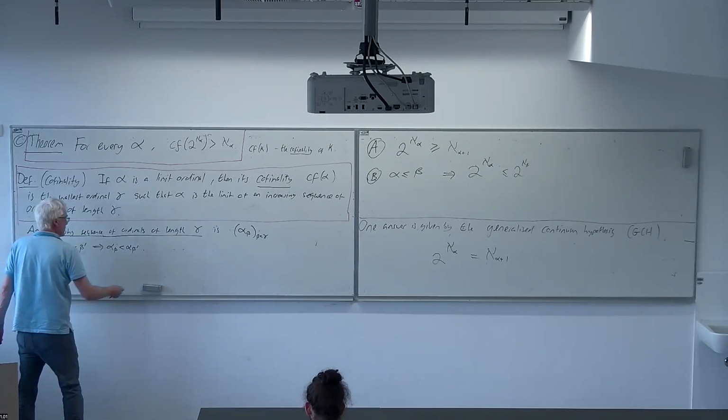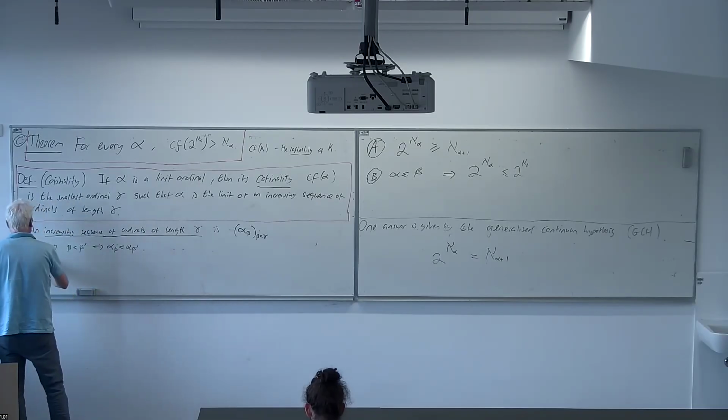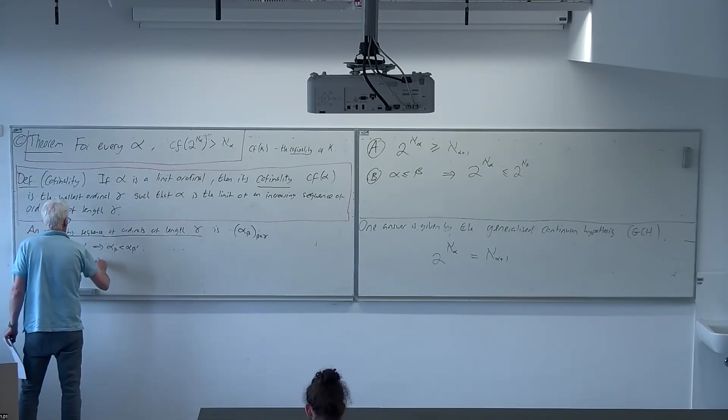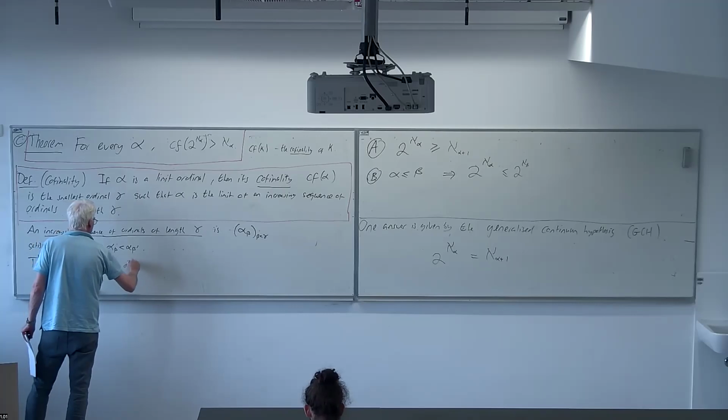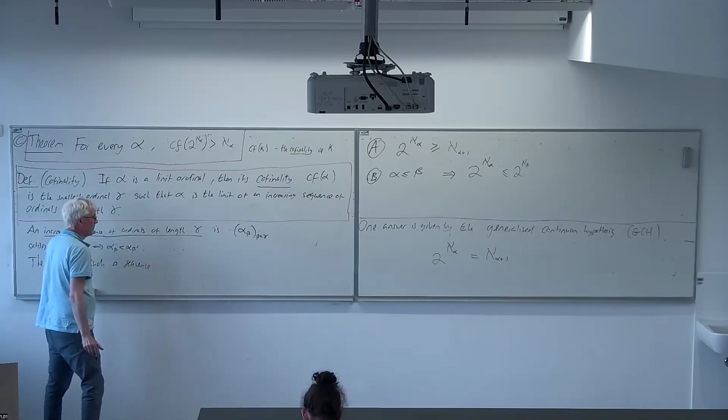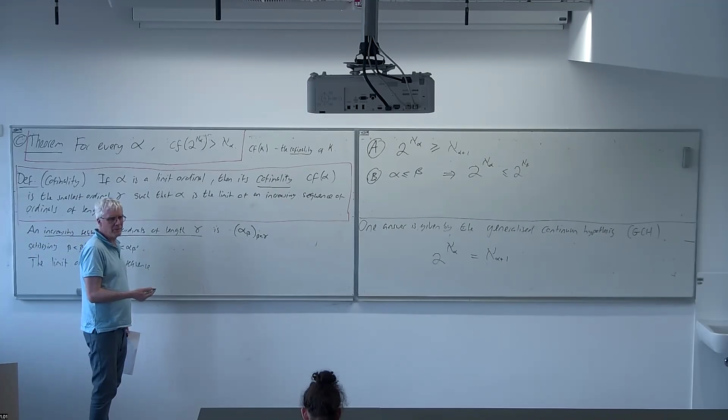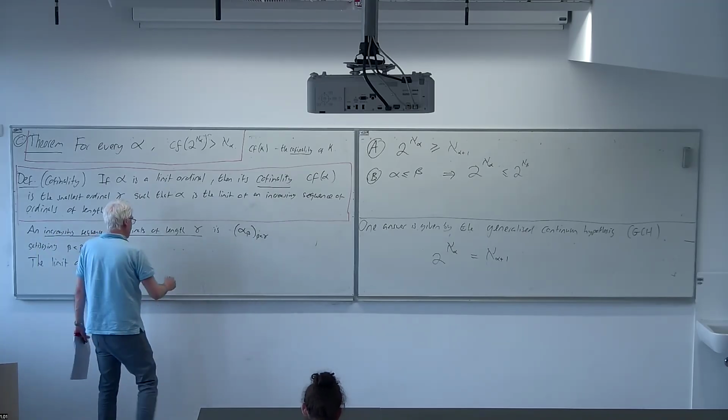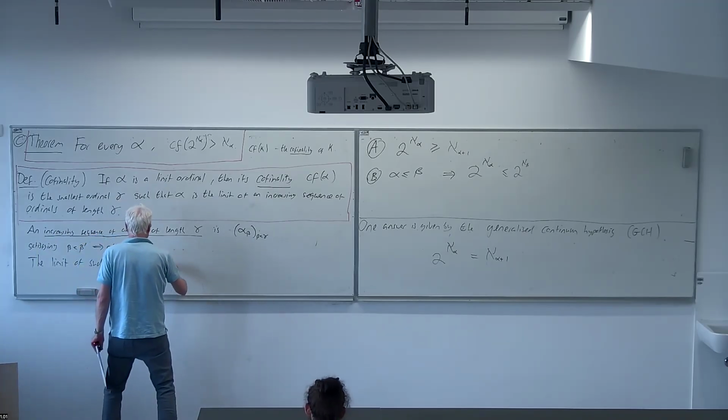And then the limit of such a sequence is just the supremum. So we could just say the supremum, but it's traditional, when you have an increasing sequence of ordinals, to talk about the limit of the sequence. But it's just the same thing as the supremum.